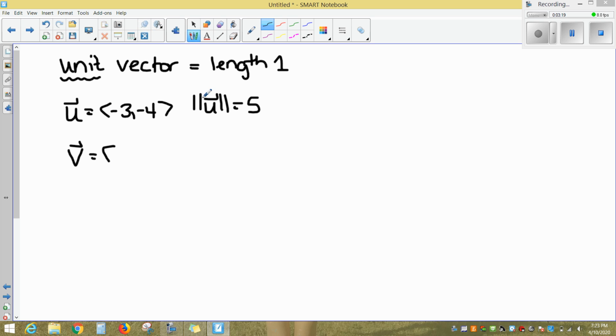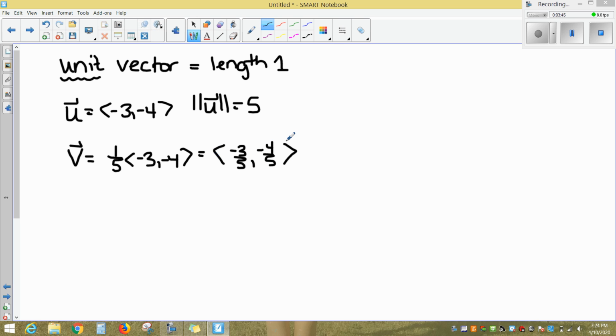If we divide everything by 5, we would get a vector that still goes left 3 units and down 4 units.